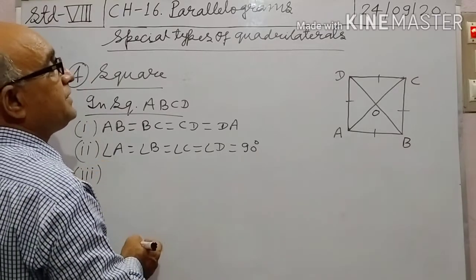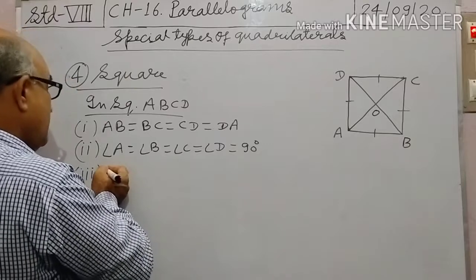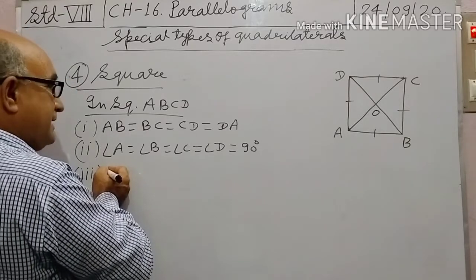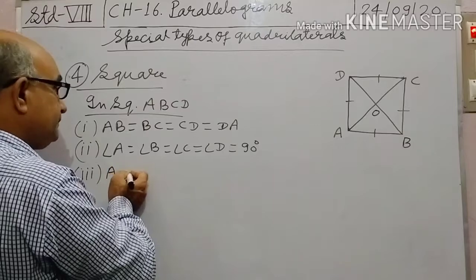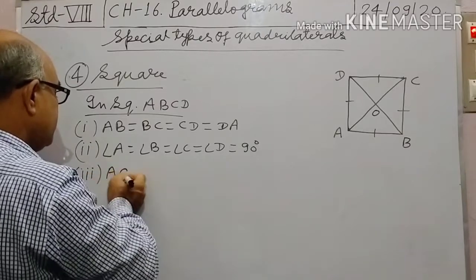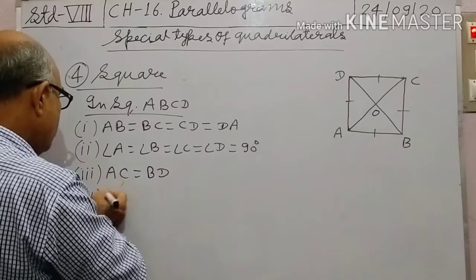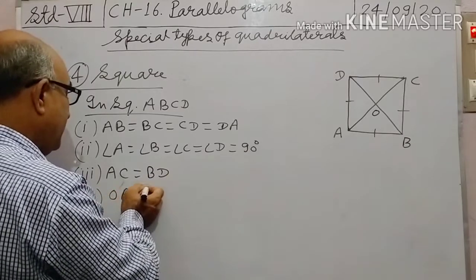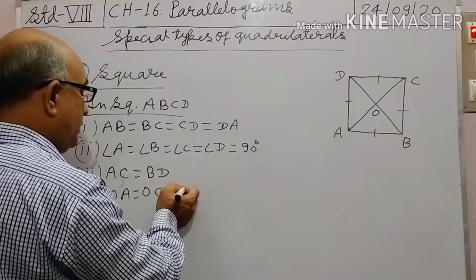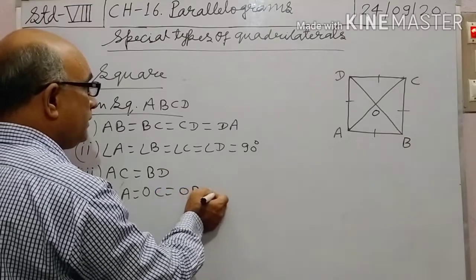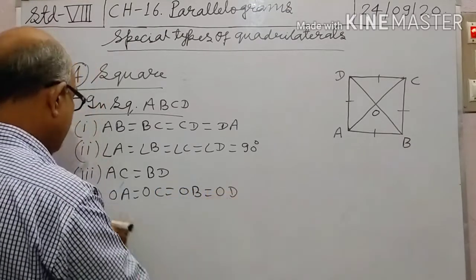Diagonals bisect each other at right angles also. Third, both diagonals are equal, AC equal to BD. Fourth property, OA equal to OC equal to OB equal to OD.